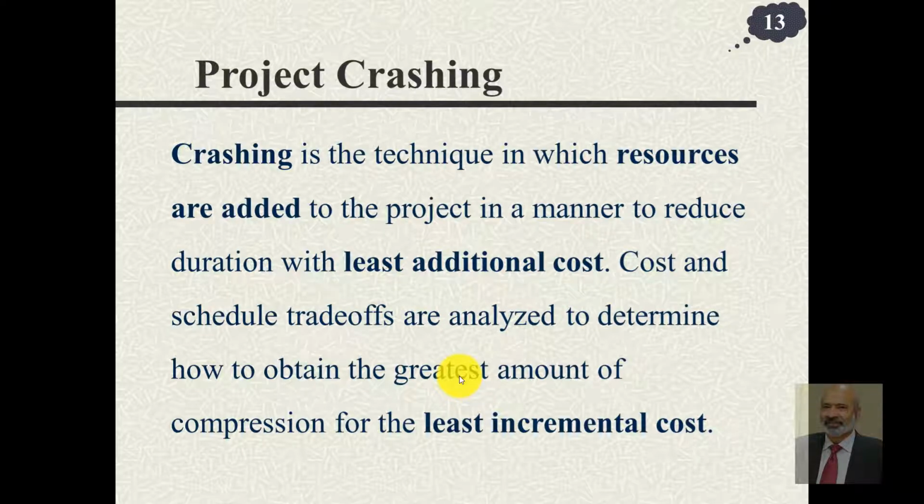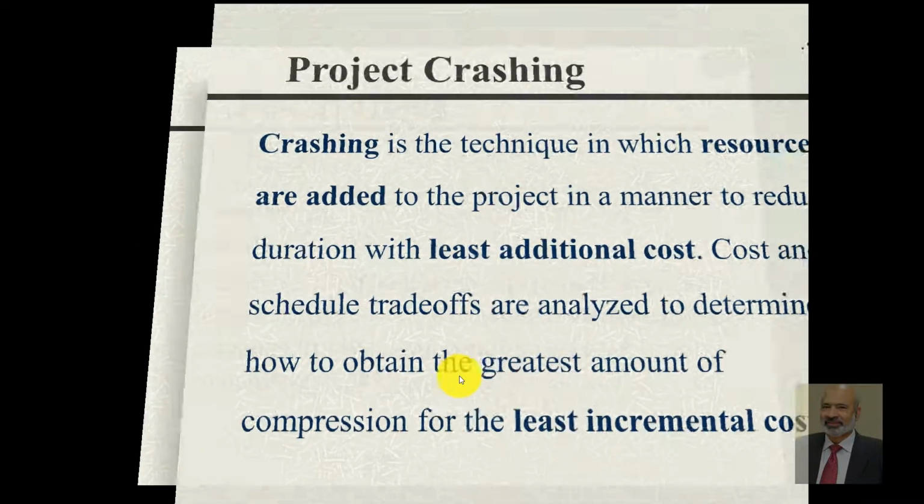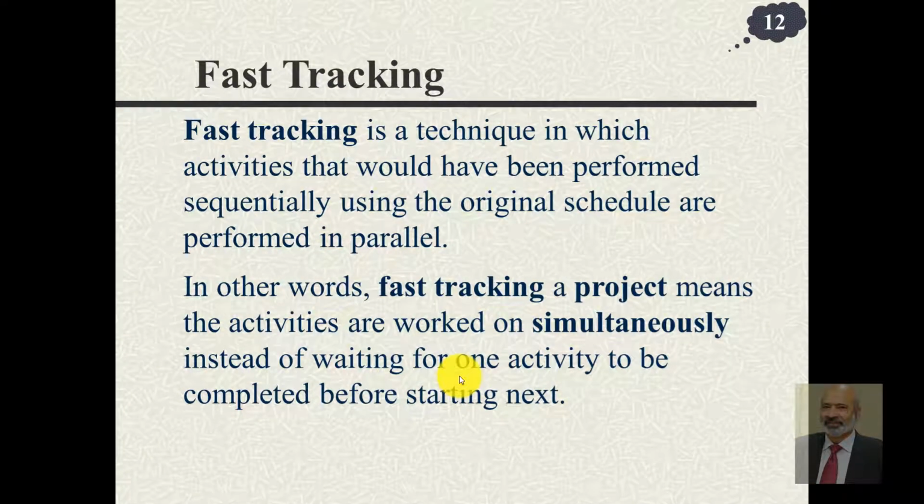Crashing is the technique in which resources are added to the project in a manner to reduce the duration with the least additional cost. So cost and schedule trade-offs are analyzed to determine how to obtain the greatest amount of compression for the least incremental cost. The fast tracking method can be employed, but if there is a precedence that one activity cannot be started unless another predecessor has been completed, it may not be feasible.